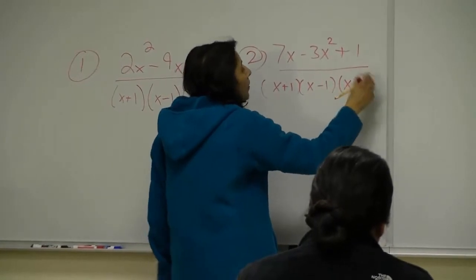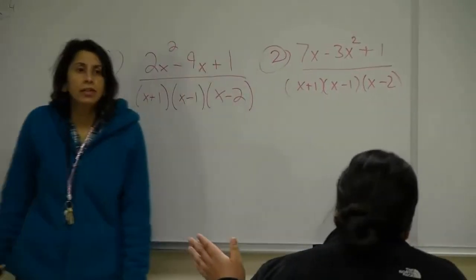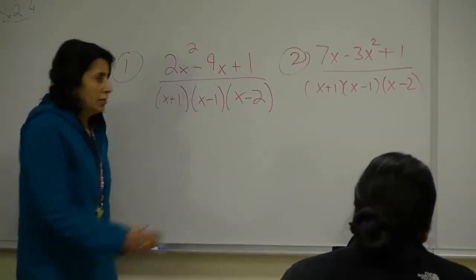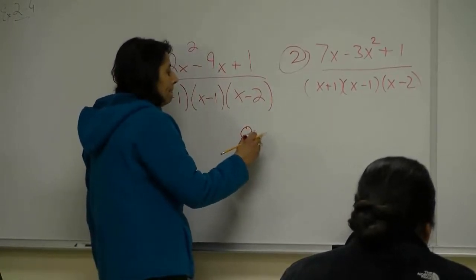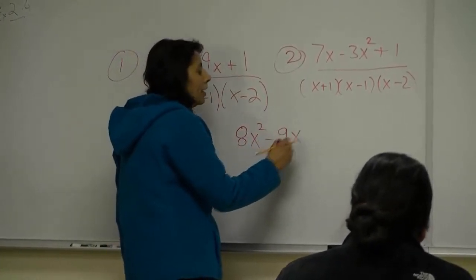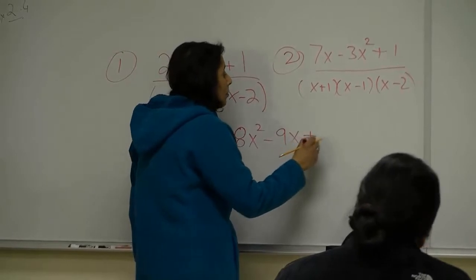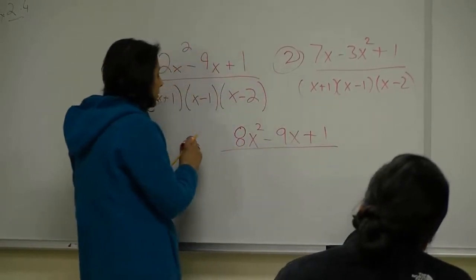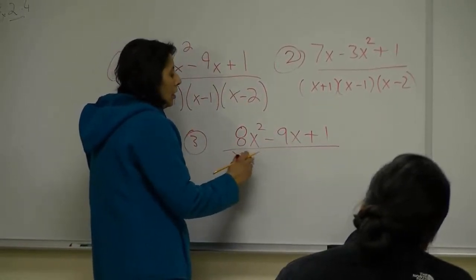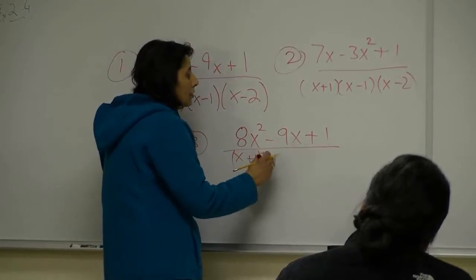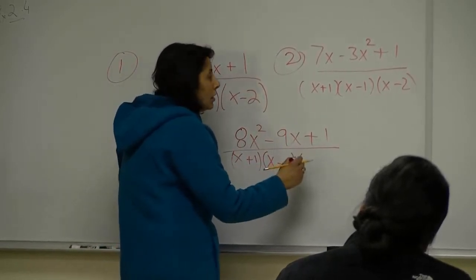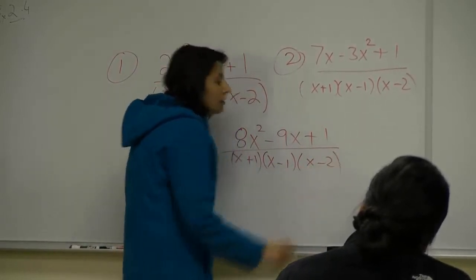Alright. Anyone else getting a different answer? Yes, Nancy. 8x squared minus 9x plus 1. That's the third one. Let's see, why are we getting so many different answers here.